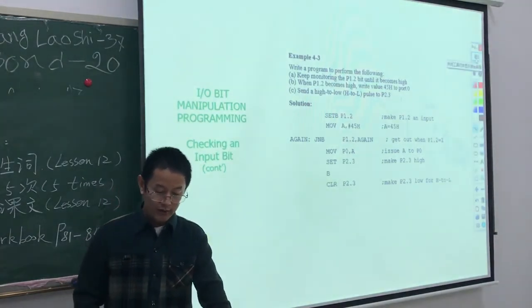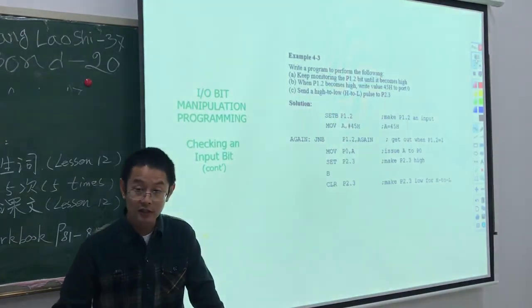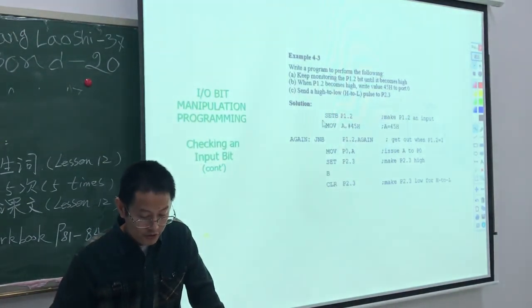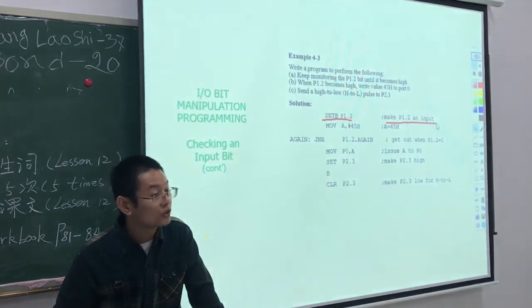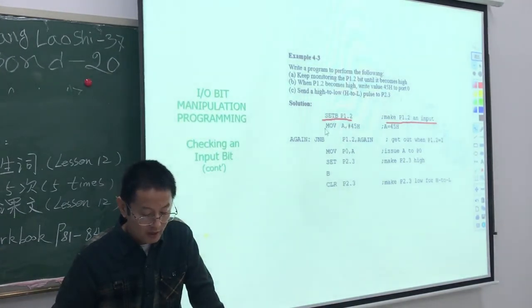So we analyze this program. SETB P1.2, which means P1.2 is equal to 1, makes P1.2 an input. MOV A, #45H, so A is equal to 45H.